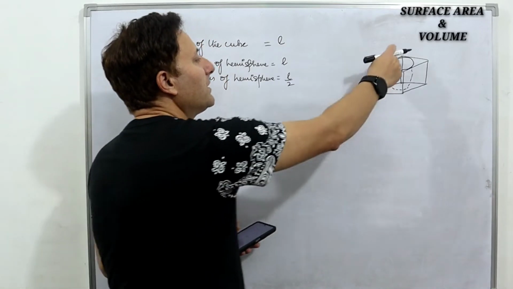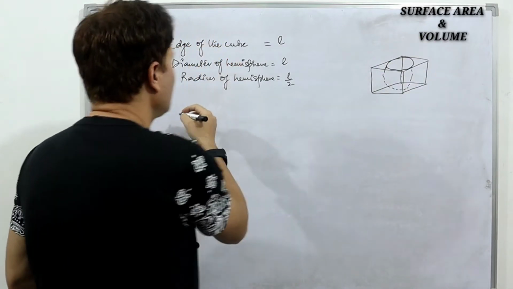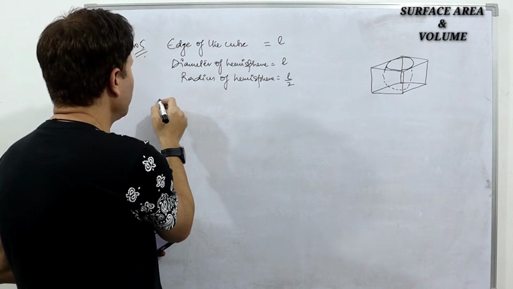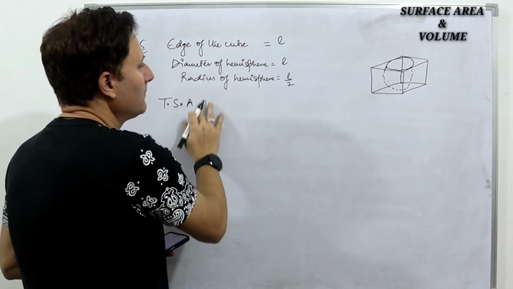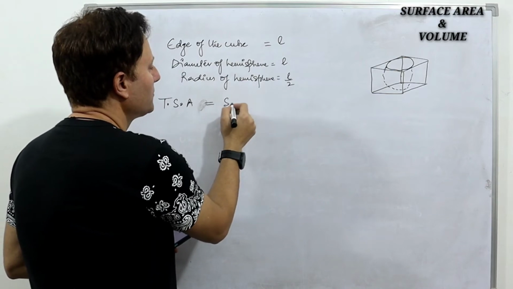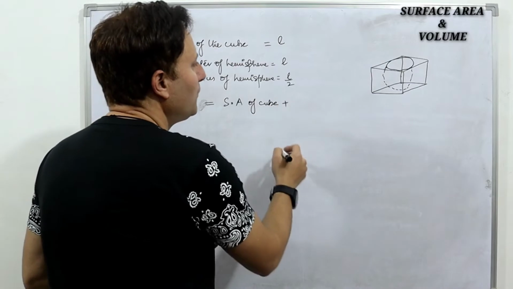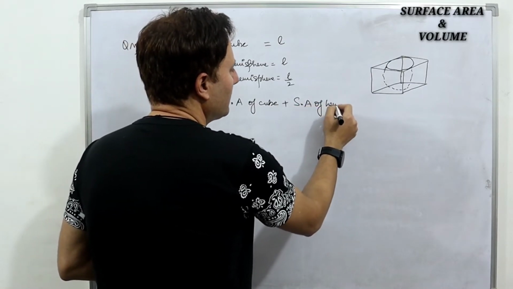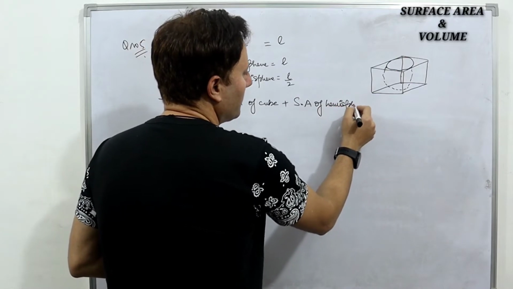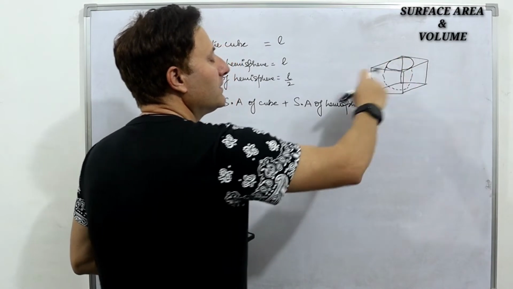So if we cut this portion out, what happens? We need to get a few things. So what are we actually looking for here? We are looking at the total surface area, which will be equal to the surface area of the cube. Then we will get the surface area of the hemisphere, and we will deduct this particular circle from this.